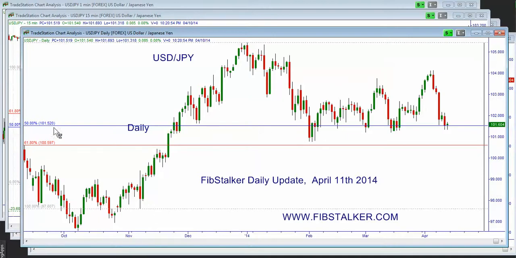This area of support that we identify between the 50%, 61.8% of this trace is an area of support, and actually, as you can see, supported price, because price never went below the 158 here. 1, 2, 3, 4, and there's a potential here for this level to be supported again.